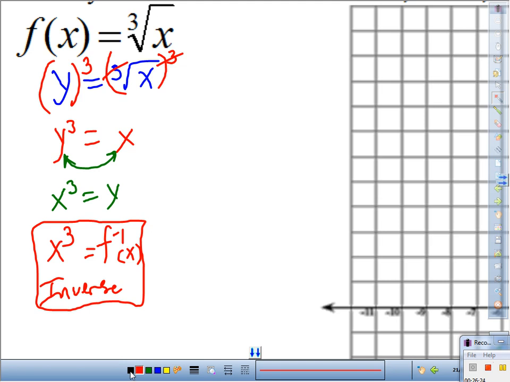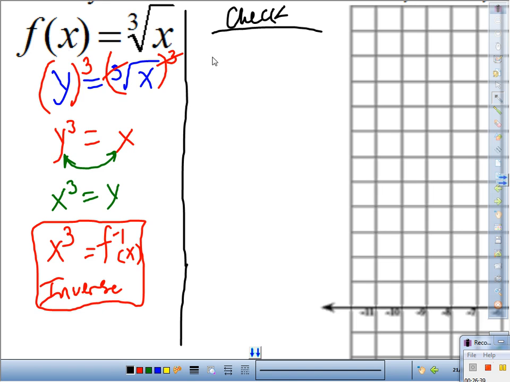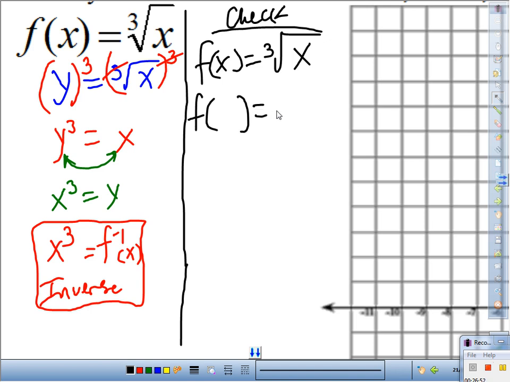All right, let's do the check. See how you did with a check. Check. I write my original one, f of x equals cube root of x. But for the next step, we need to substitute for x. So I write f of parentheses cube root of parentheses.